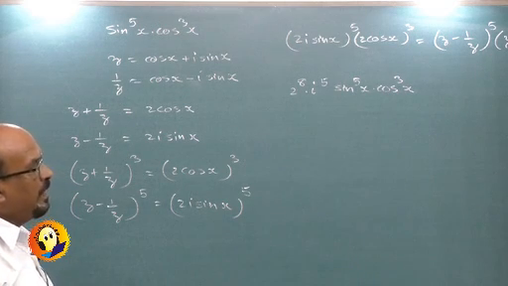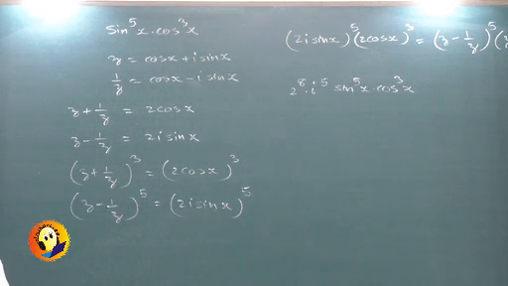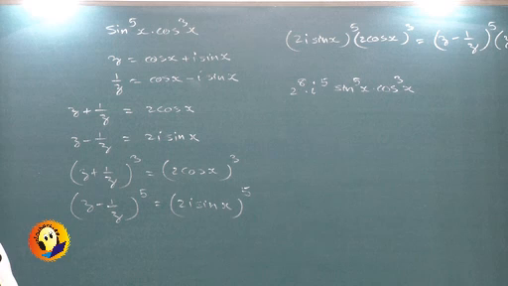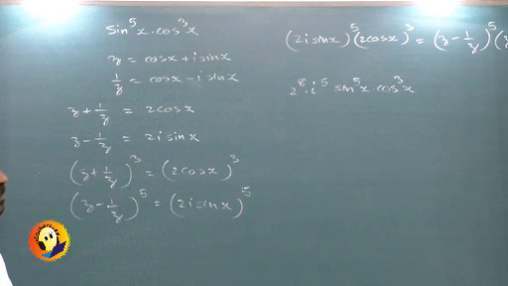How do we simplify the right hand side? Can we raise it to power 5?